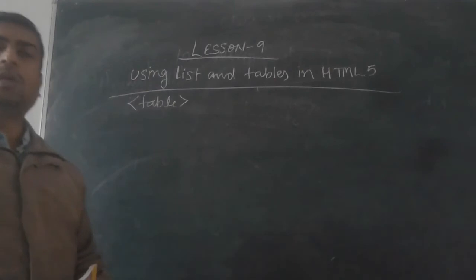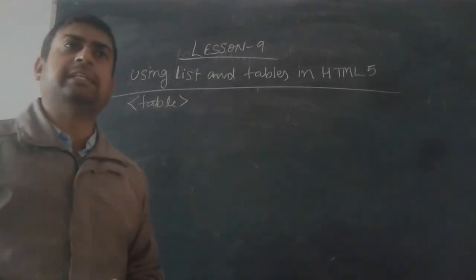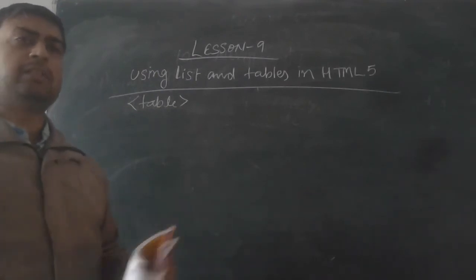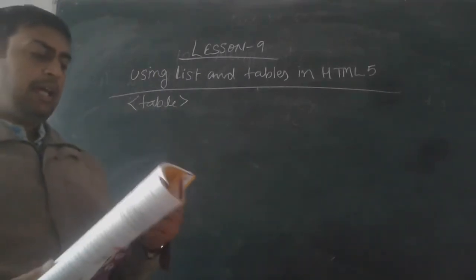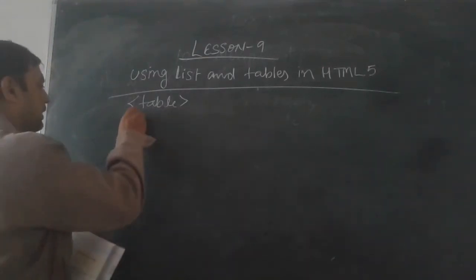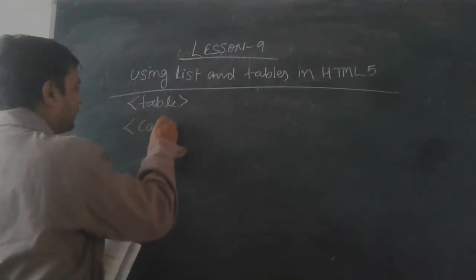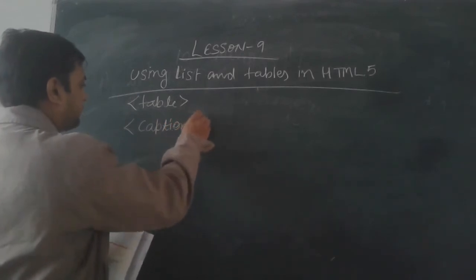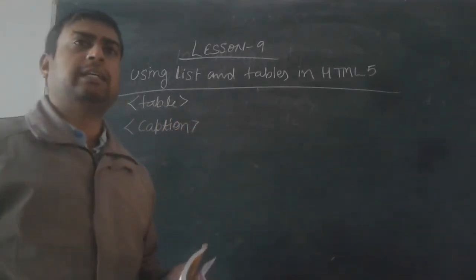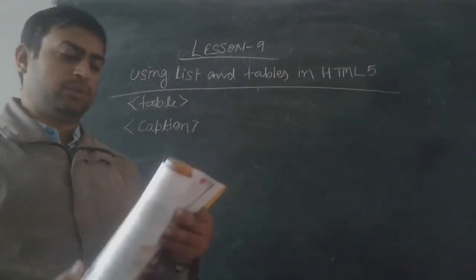Now inside the body, when you start writing table, the values you have written for the table will be applied here. And in this you can use a few tags like caption. Caption is the tag to show the headings.